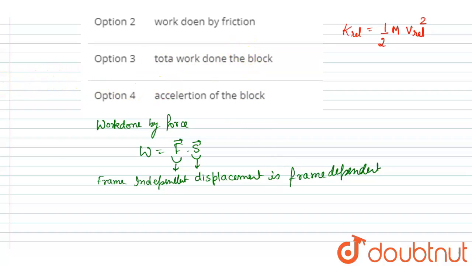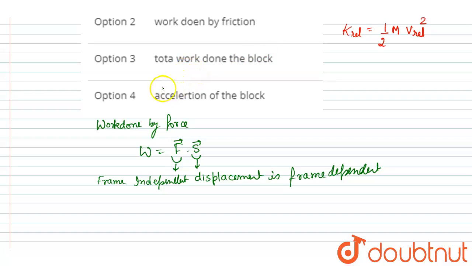As I told you, work by any force in any situation is dependent on frame. So as we already saw, the total work done on the block will be a frame dependent quantity, so it may be different for different frames.